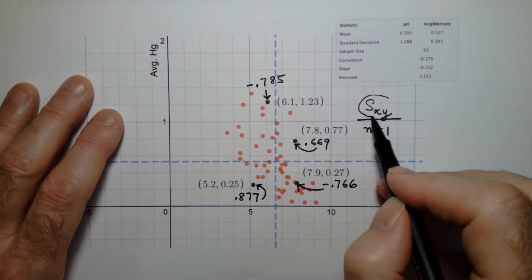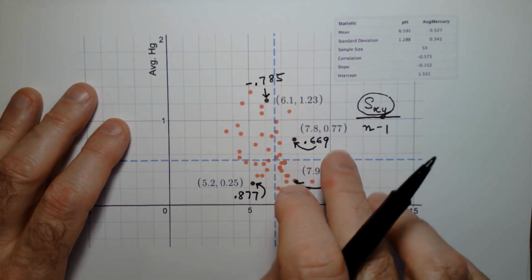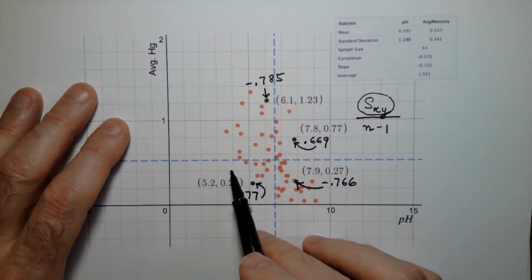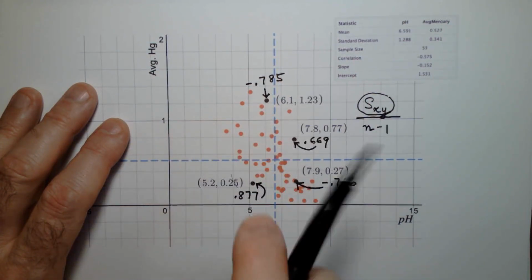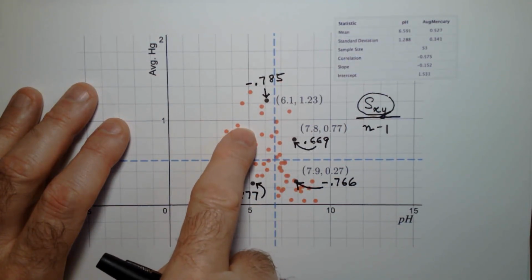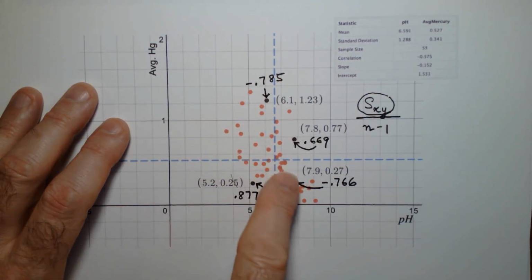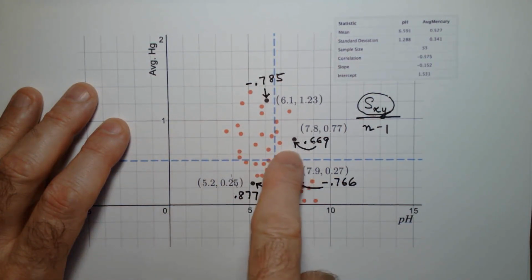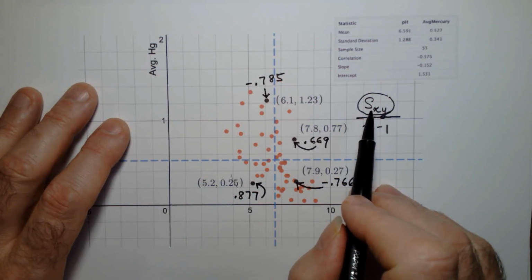Let's take a look at what S sub xy is likely to be, right? We're going to have a few positive contributions from quadrant 1, and a few positive contributions from quadrant 3. But most of our contributions are coming from quadrant 2 and quadrant 4. That means overwhelmingly our contributions are going to be coming from these two quadrants. So all of these points here and all of these points here are going to be adding negative contributions into S sub xy.